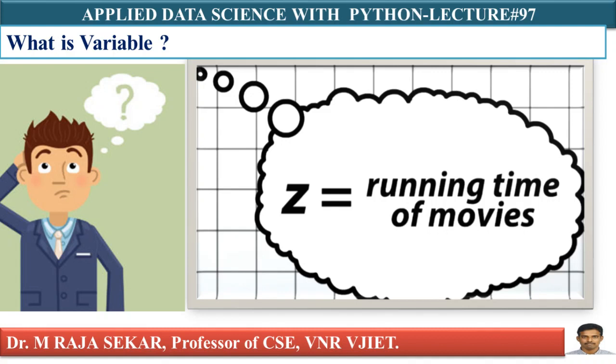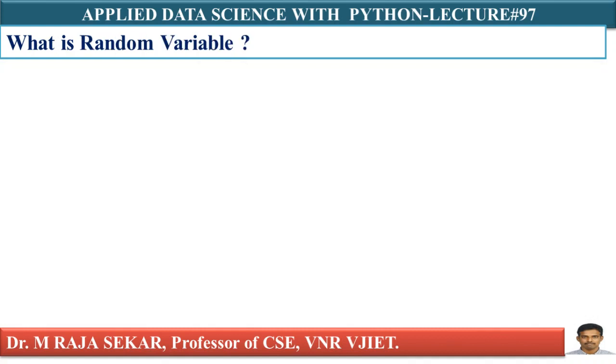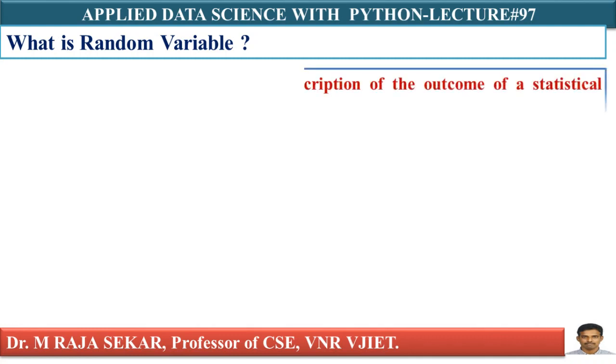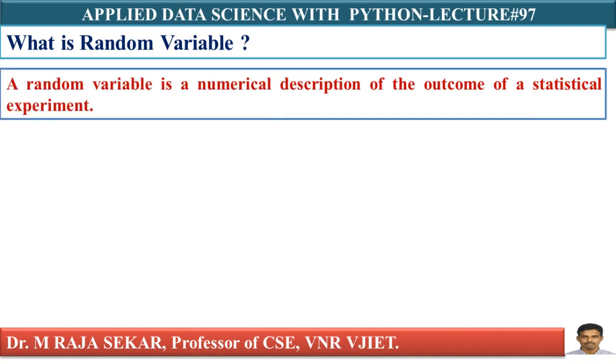Well, in probability, we also have variables, but we refer to them as random variables. A random variable is a variable that is subject to randomness, which means it can take on different values. As in basic mathematics, variables represent something and we can denote them with an x or a y or any other letter for that matter.